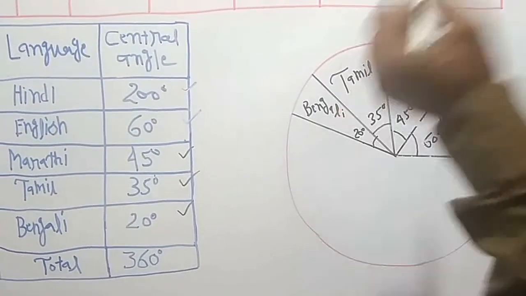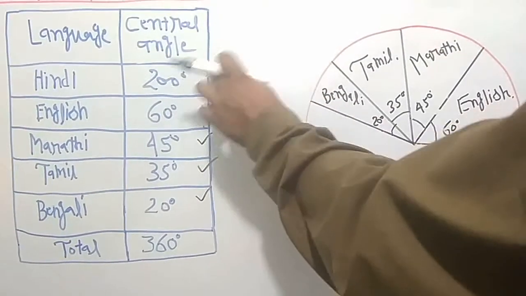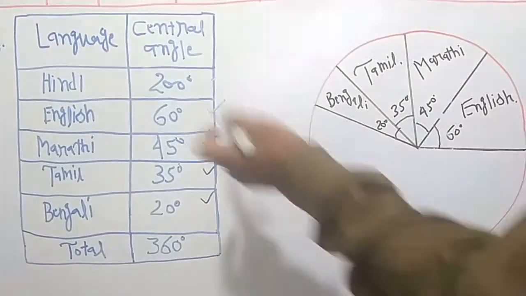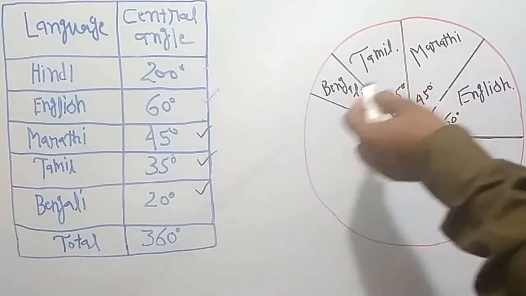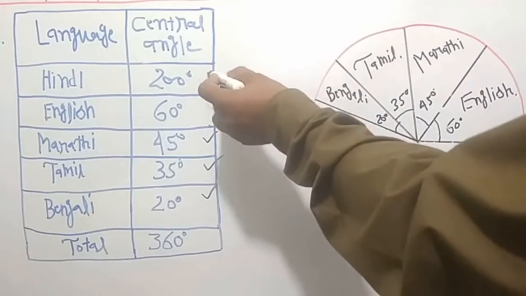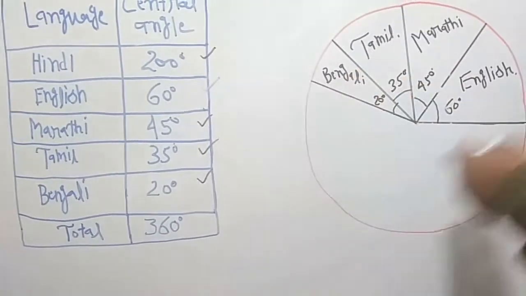Now we can easily observe that we have already drawn all these angles: 60, 45, 35 and 20. What remains? The remaining angle is 200 degrees, and the remaining space in this circle is this one.